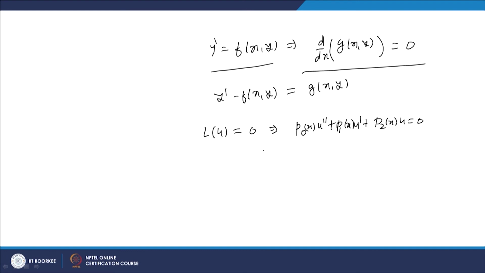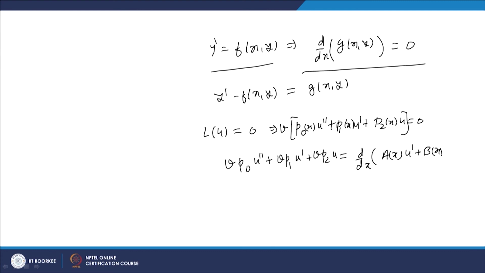Now we are finding a function v such that if we multiply by it, the equation becomes exact. So v p naught u double dash plus v p1 u dash plus v p2 u is equal to d by dx of some ax u dash plus bx u.